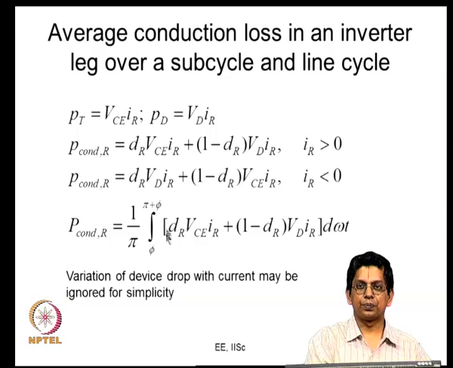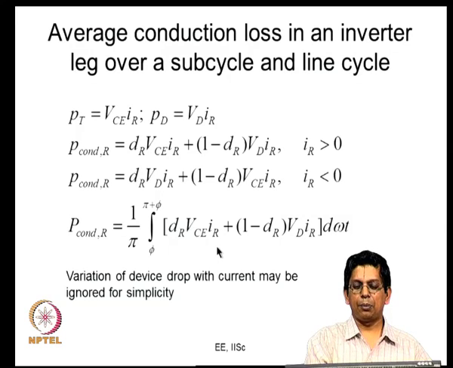This duty ratio is a function of your modulation index and omega t, and this current is a function of its peak amplitude, which we can call capital Im, and again the fundamental angle and the power factor angle. So, these are the two things that you have here. When you integrate and take the average, you get the whole thing as a function of modulation index, the peak value of current and the power factor angle of current.